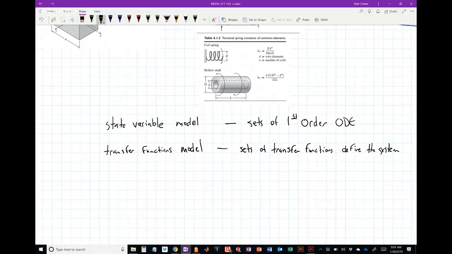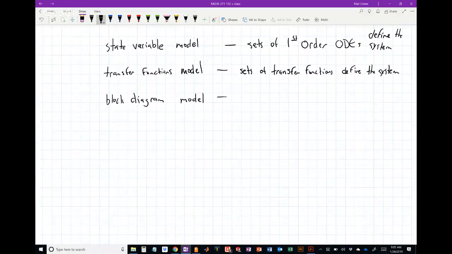Sets of first order ODEs define the system. And for the block diagrams, I'll say block diagram model.